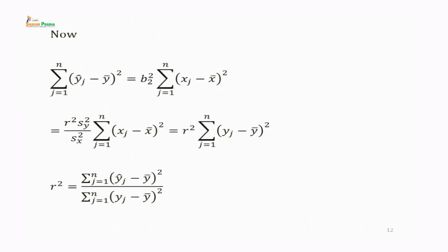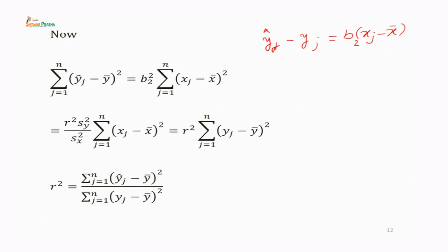Now, you can write summation j equal to 1 to n (yj hat minus y bar) whole square. Actually, yj hat minus y bar is equal to b2 times (xj minus x bar).